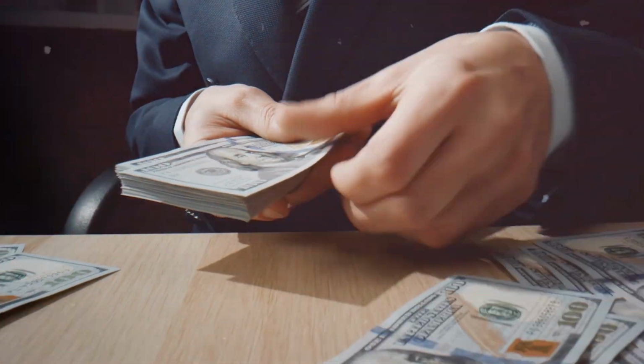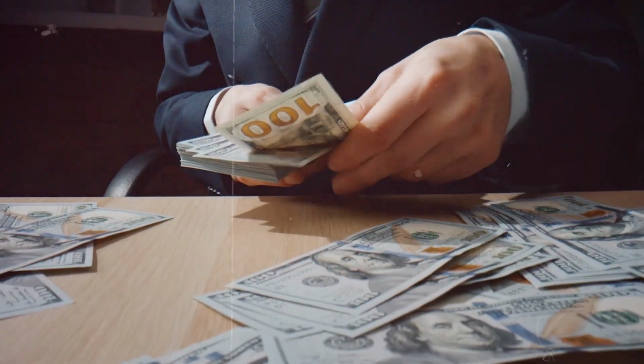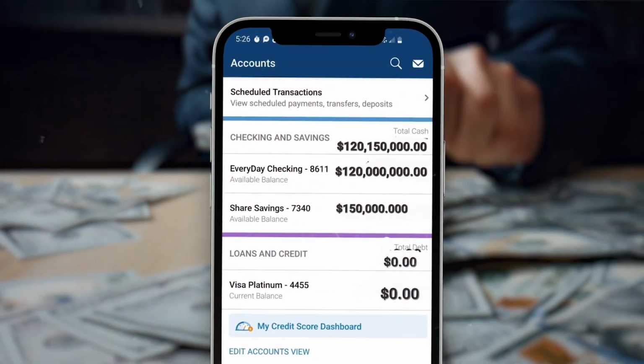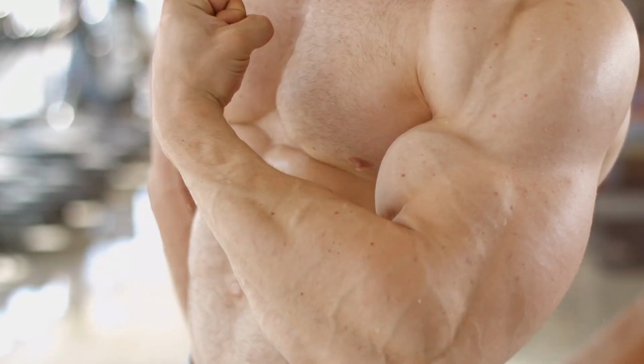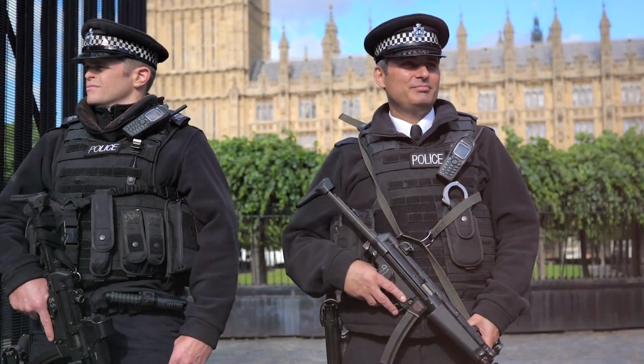Or are you going to hire somebody who's already very rich and has a lot of money sitting in their bank accounts? You already know they're very well off. Or third option, are you going to hire somebody who's a natural bodybuilder and who's a natural fighter? Which one of these 3 options would you pick? Now, if you're a normal ruler, you would most likely pick the third option because you want somebody who's the strongest and who's a bodybuilder to defend your kingdom.